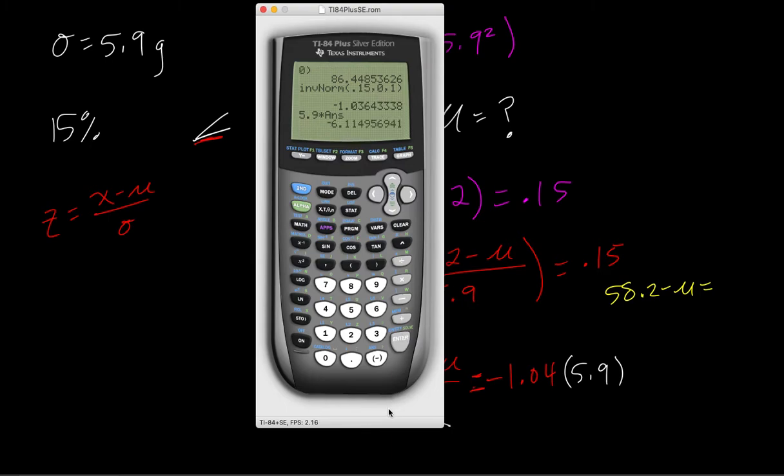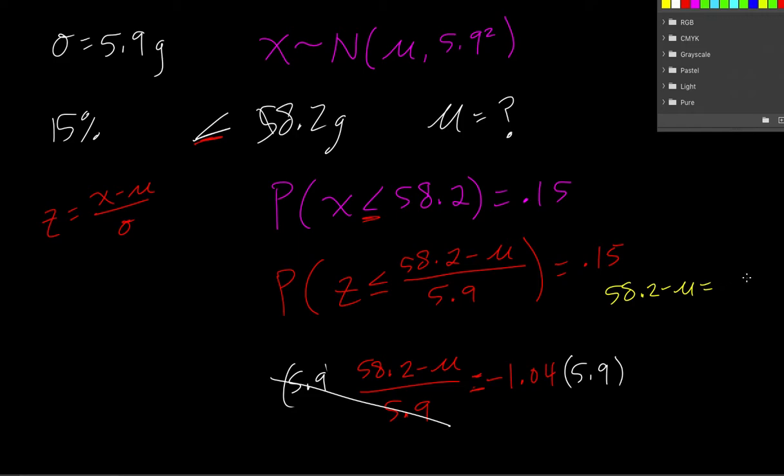So we get negative 6.11. Okay. Then we want to subtract 58.2.